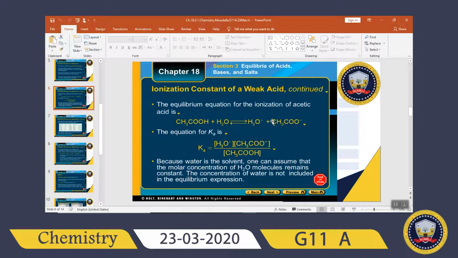If we apply the buffer concept to this solution, we will add the weak acid, which is acetic acid, and the salt of this weak acid, which is sodium acetate. So we have to add a mixture of acetic acid and sodium acetate to this solution to avoid any change in the pH during the chemical reaction.